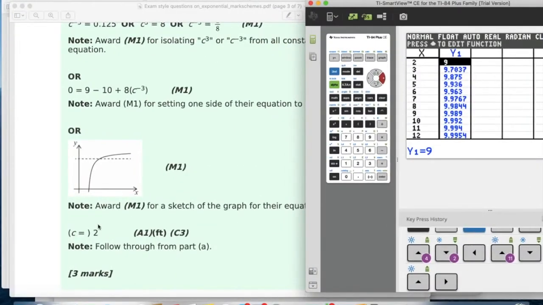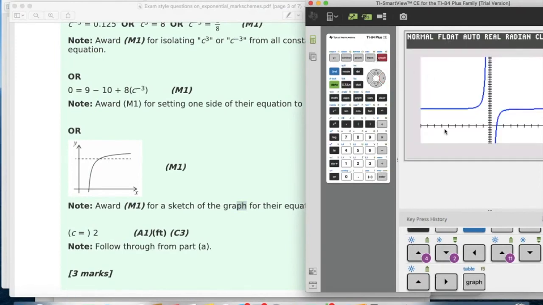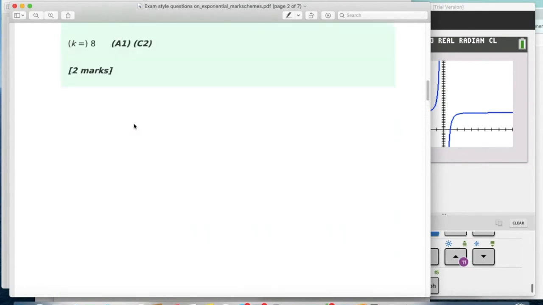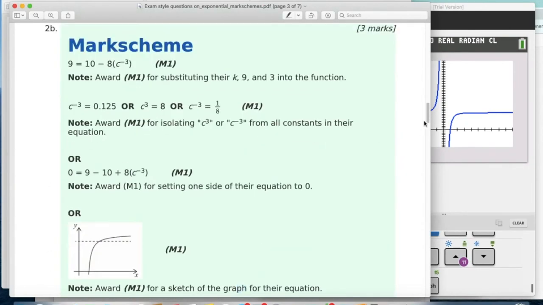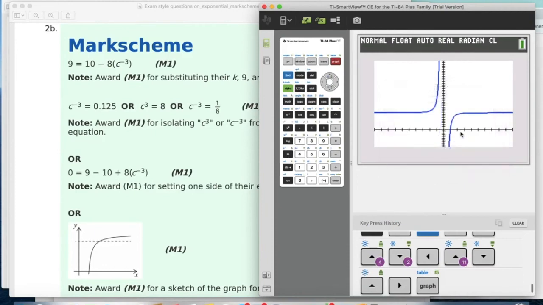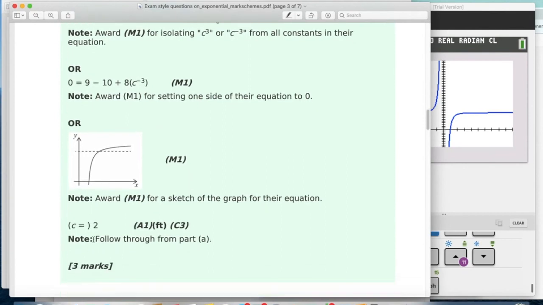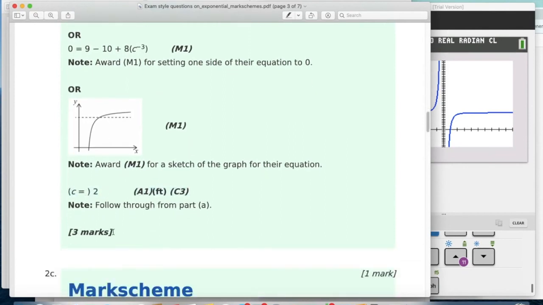So what we can see from the mark scheme, the answer is indeed c is equal to 2. And the reason why, if we have a look at the graph, you can see this exponential function takes two parts. However, because this is to do with a population model, we know that x must be positive here. So we want to focus on this right-hand side of the graph. And if we're focusing on the right-hand side of the graph, what we need to make sure is that we are just focusing on the positive value of c.